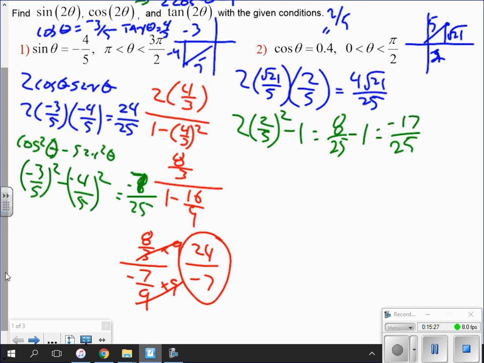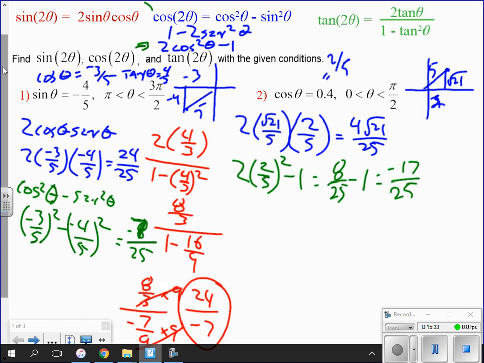Okay. So the tangent of 2 theta is, so we have 2 times the tangent of theta, which is root 21 over 2, all over 1 minus root 21 over 2 squared. Well, the numerator actually isn't that bad.